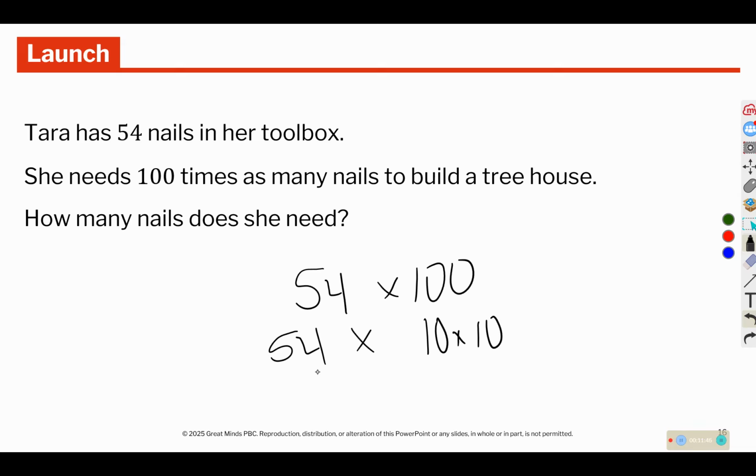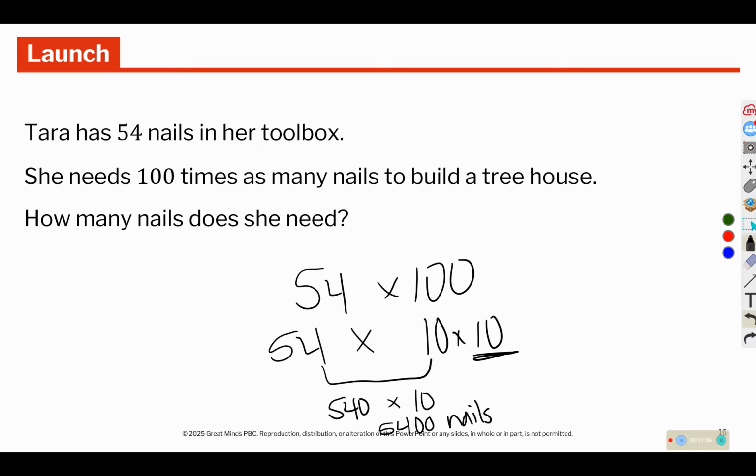Well, 54 times 10 is 540. And then I still have to multiply by another 10. 540 times 10 is 5,400.